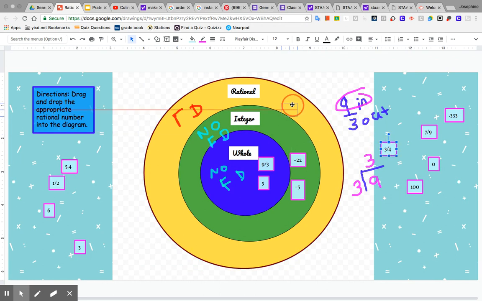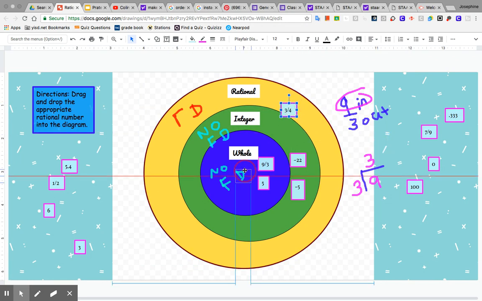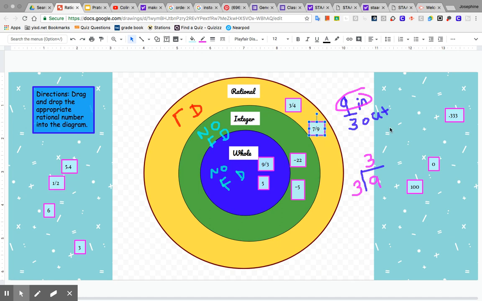Like 3/4, it's not whole, it's not integer, but it is rational. Fractions belong out here. 7/9 is rational. How about 0.3333? Yes, that's rational. But 9/3 doesn't go in that realm. It goes in the whole number section.